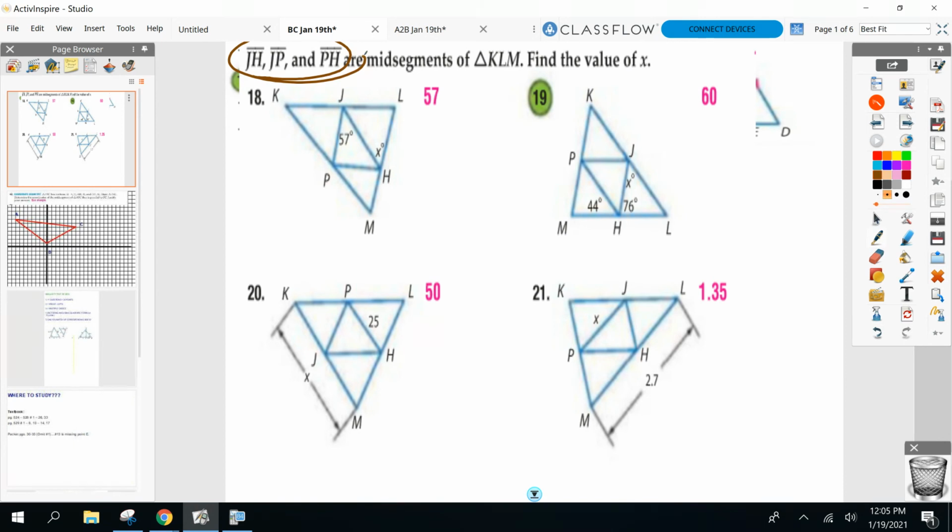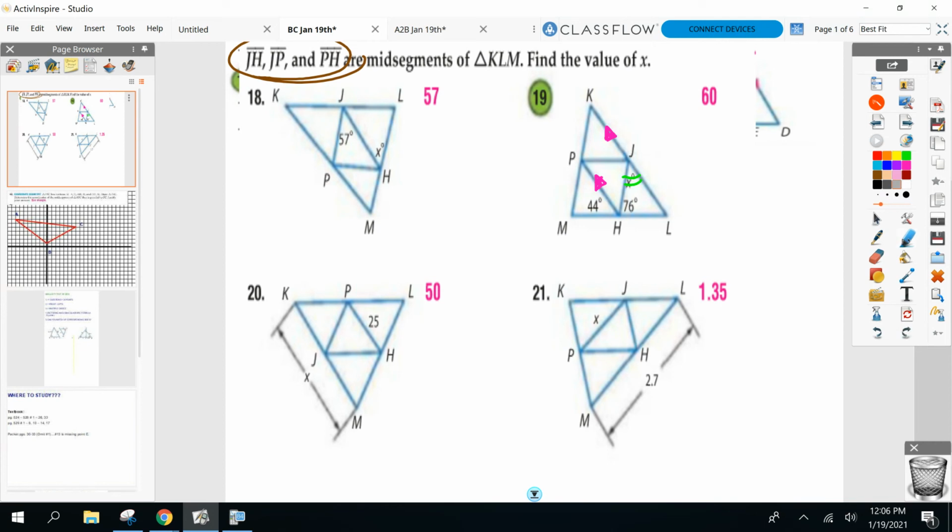What I'm going to focus on in this problem is that PH and KL are parallel to each other. I look at angle X, and I'm going to start challenging you guys now because we got a test coming up. If those lines are parallel, name the angle that should be congruent to X.